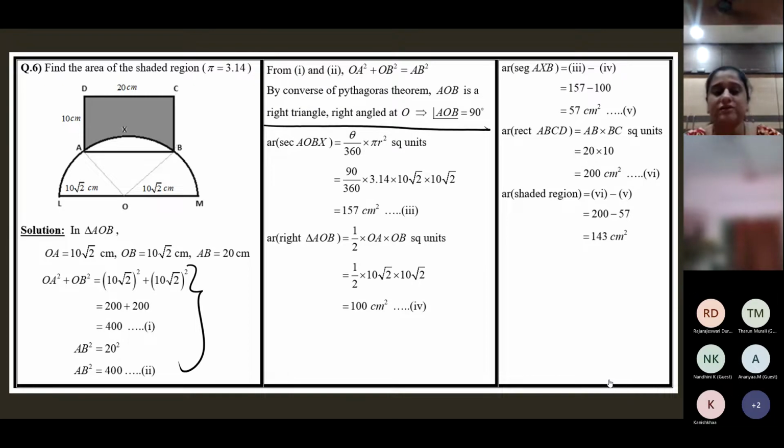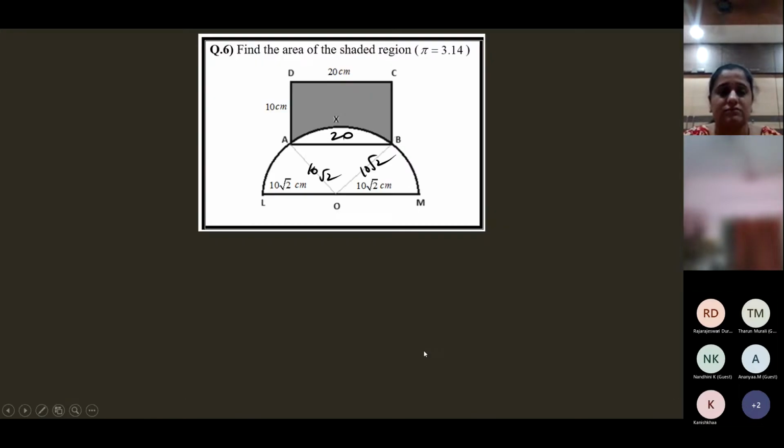The other way is you should drop a perpendicular. From O, drop a perpendicular like this. You can call this point P, and use trigonometry.